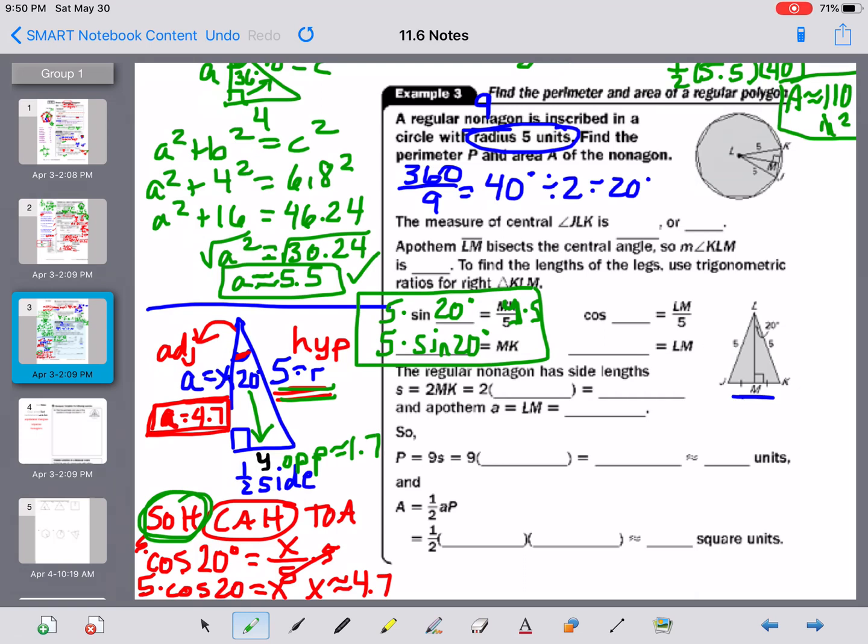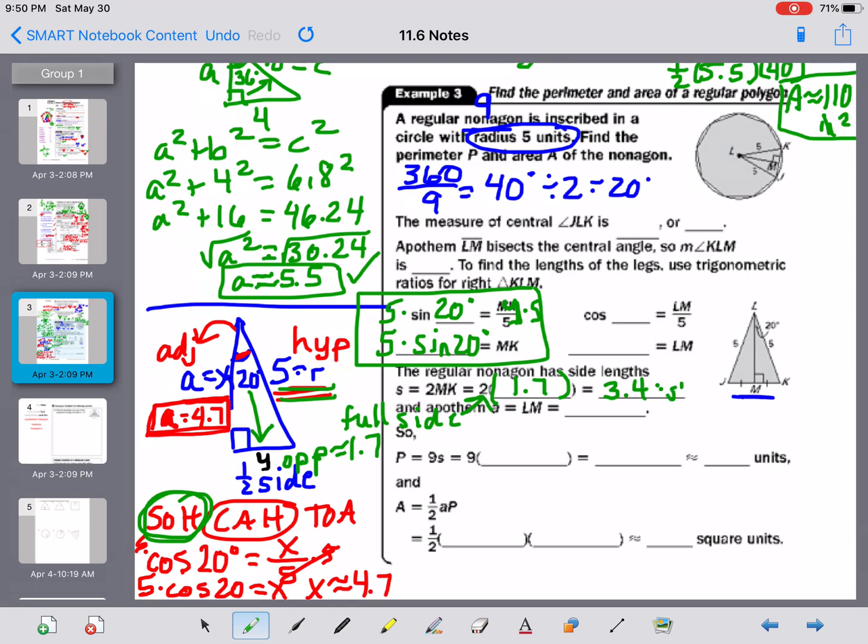Okay, so let's walk through this. My half side is 1.7. So my full side is going to be 2 times 1.7. Okay, that's what I need for my full side. So one side is 3.4. So this is a side. How many sides are there on my nonagon?